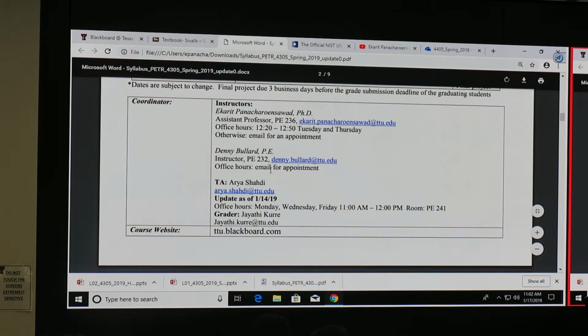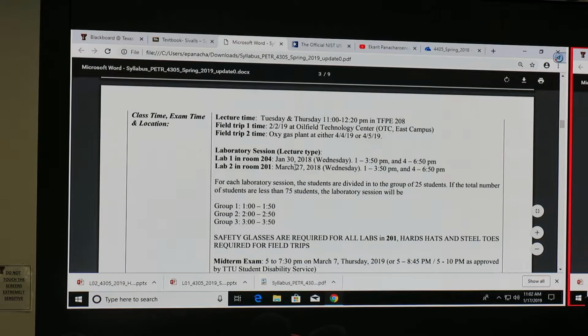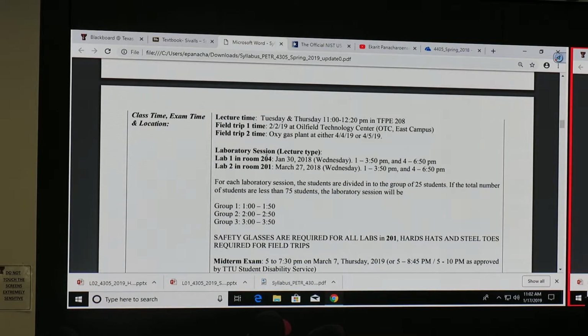This is information about the office hours. The important thing is lab time and field trip time. We have 2 field trips. The first one is at the East Campus. Who has not been there? Everyone knows where East Campus is, right? And number 2 is a field trip to the oxygas plant.